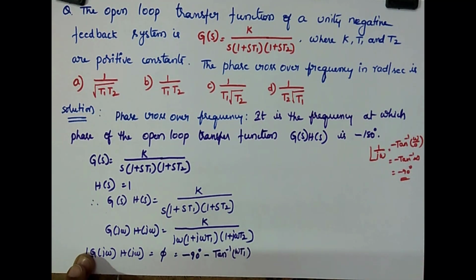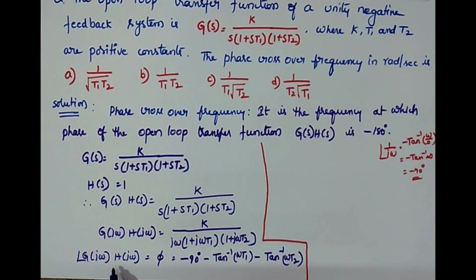Another term is also 1 by, so again minus tan inverse of ωT2.